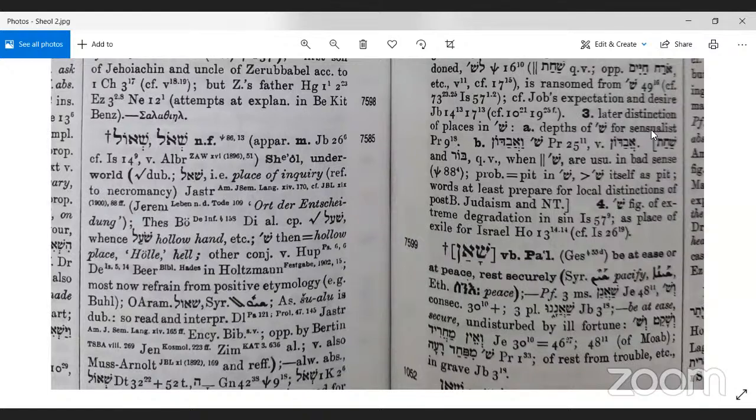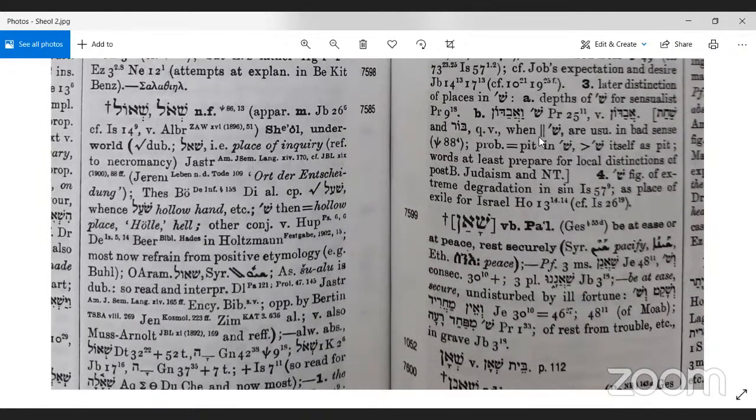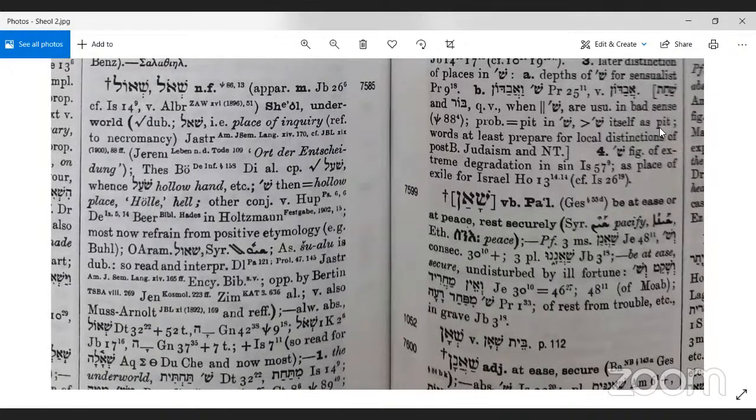Three, later distinction of places. In a bad sense, itself as a pit, words at least prepare for local distinctions of post-Babylonian Judaism.